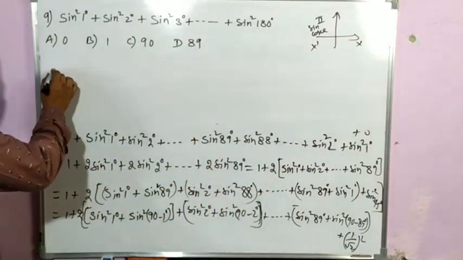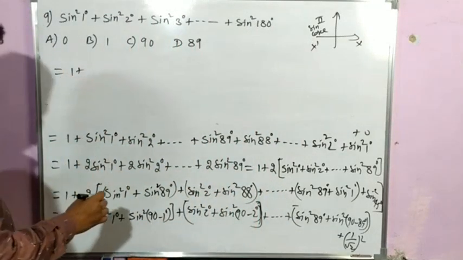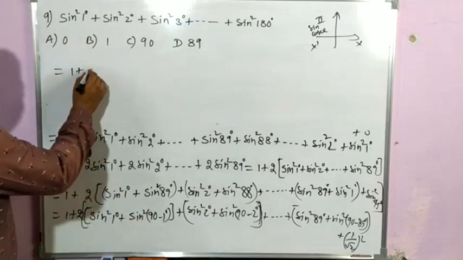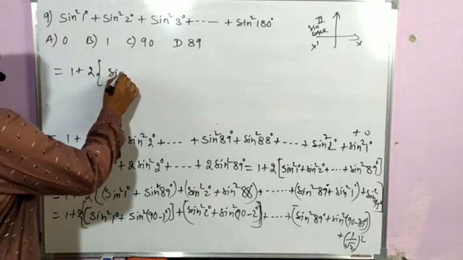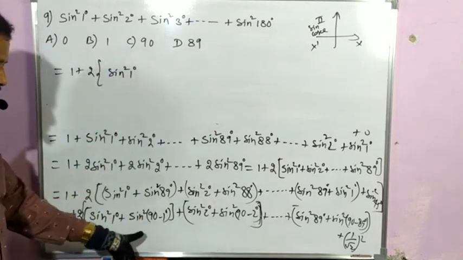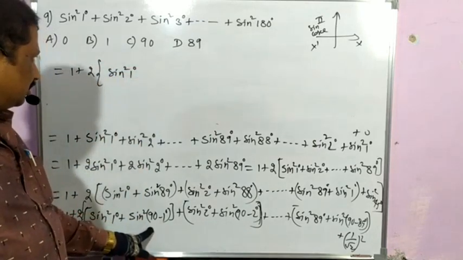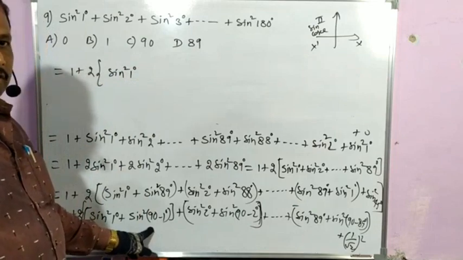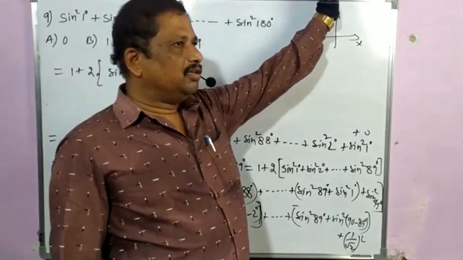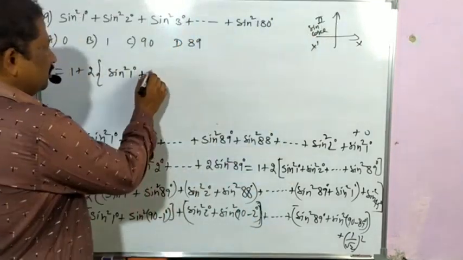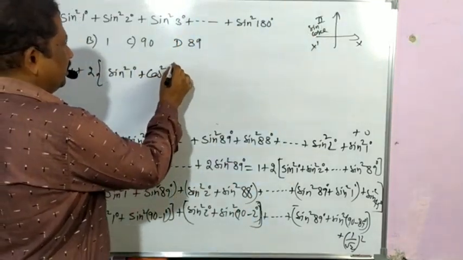So next step, 1 plus this one becomes 2 into sine square 1 degree, and 90 minus theta in the first quadrant, where all are positive, is operating on the y-axis. The ratio changes, sine to cos: cos square 1 degree.